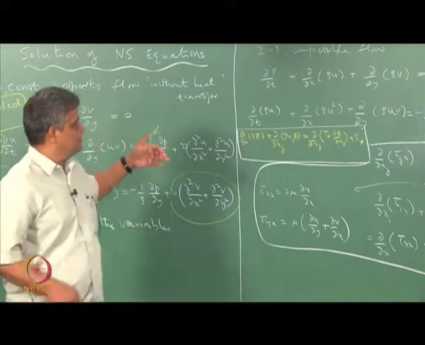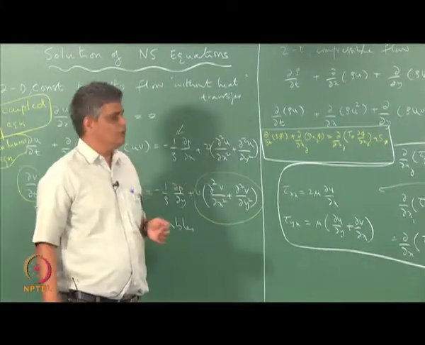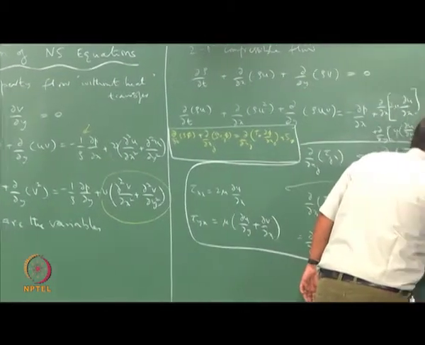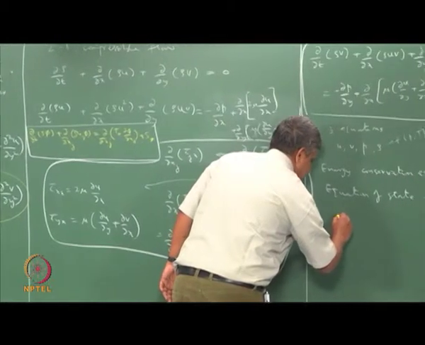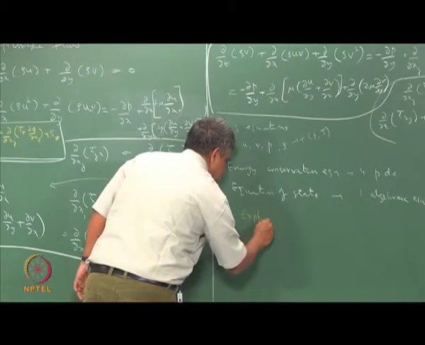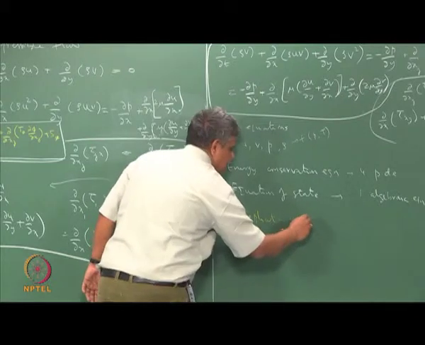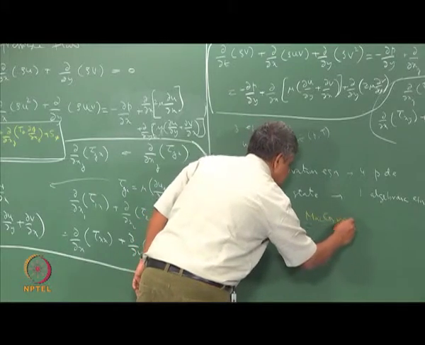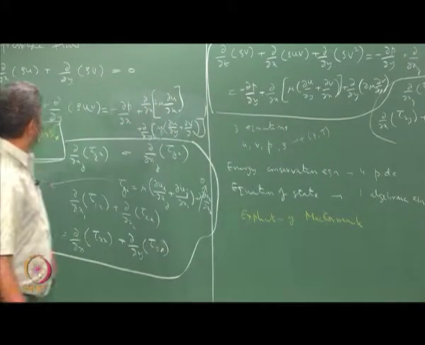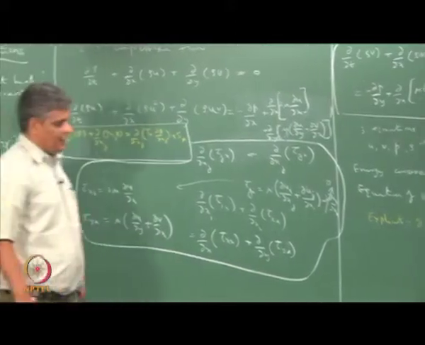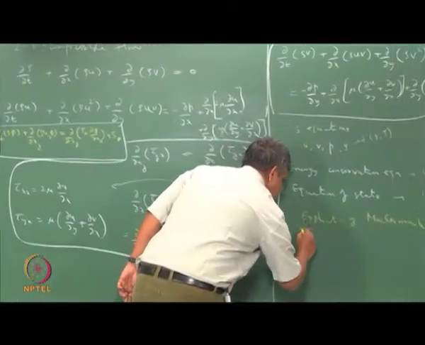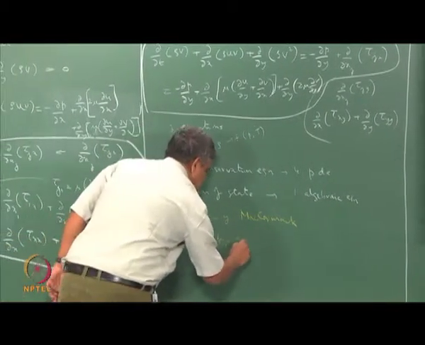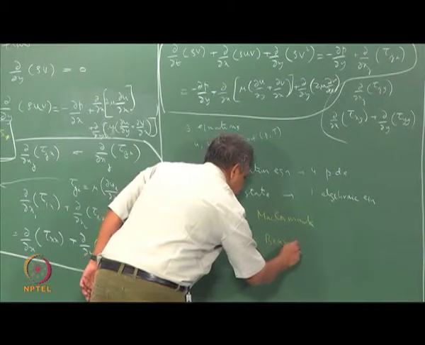So we will start with the case of compressible flow, and we look at one explicit method of McCormack for the solution of these coupled equations, and we will also look at one implicit method of Beam and Warming.